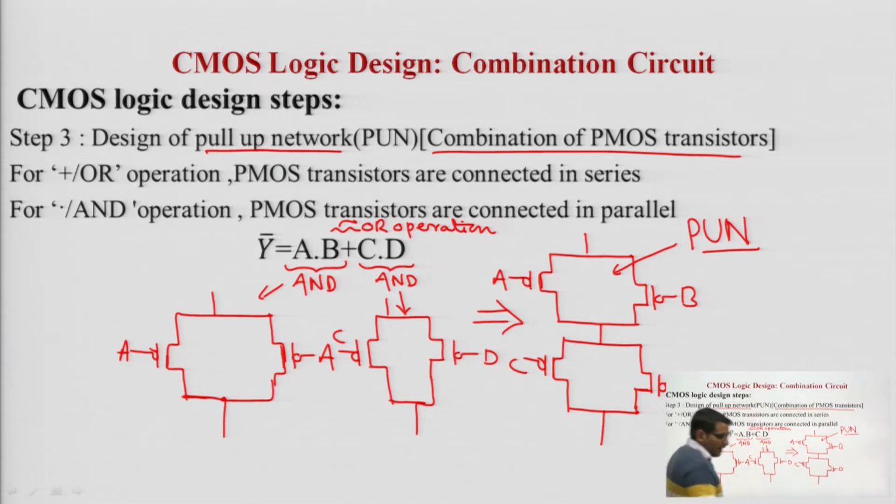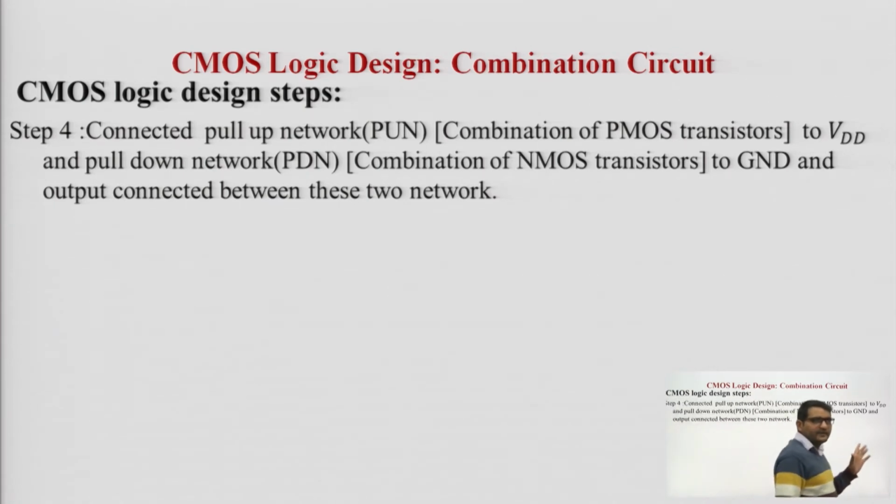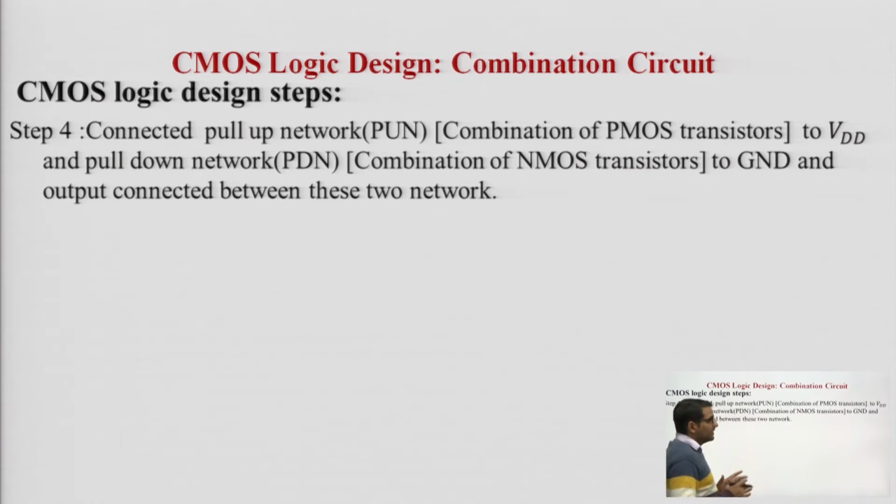Okay. Now next, connect the pull up network, that is the combination of PMOS, to VDD, and the pull down network, that is the combination of NMOS transistors, to ground. Okay.